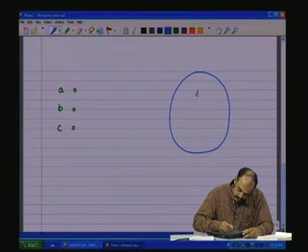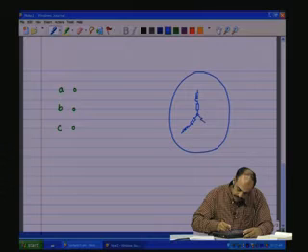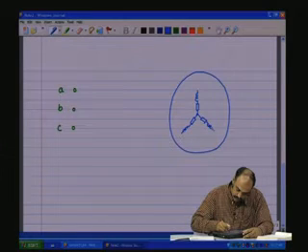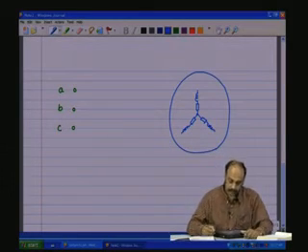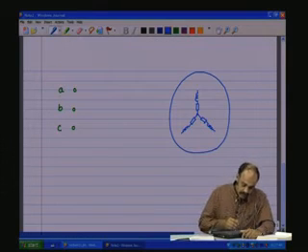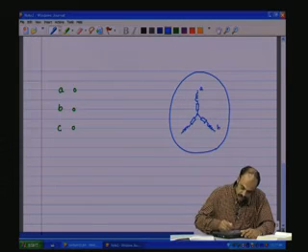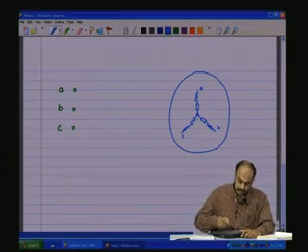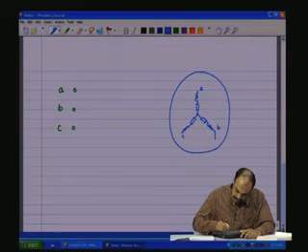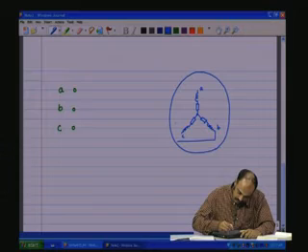So, let us have the load which is like this, an equivalent load like that. So, this is our load. Now, we have the A phase terminal, the B phase terminal and the C phase terminal. So, let us bring this out like that.